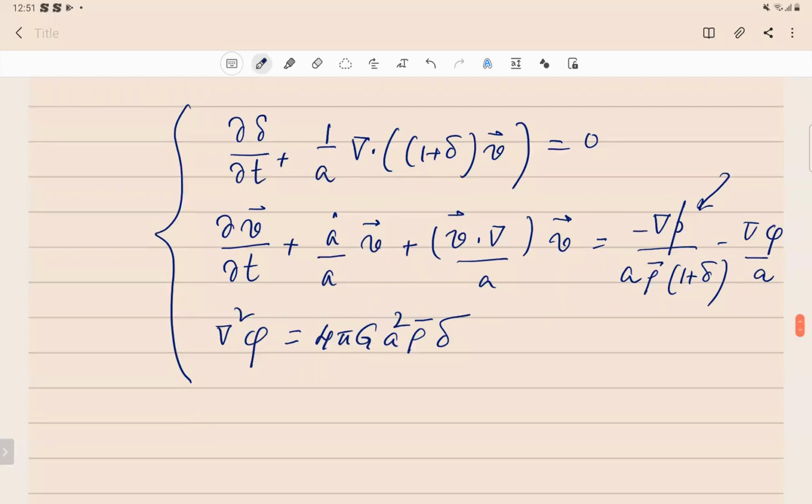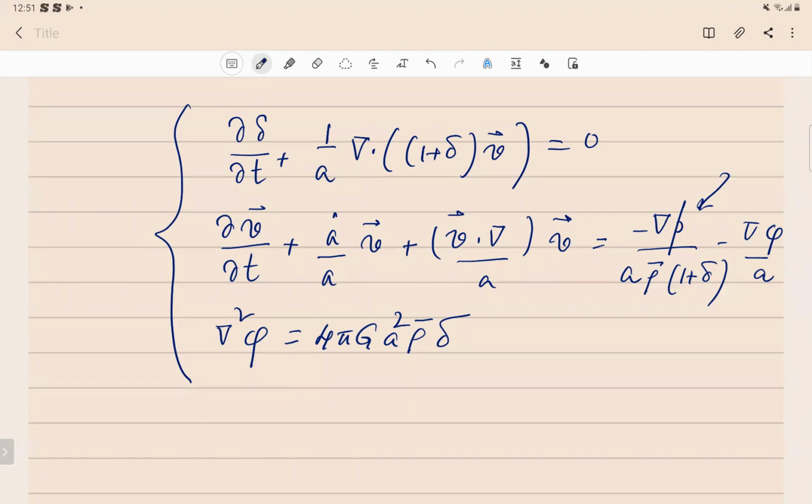When you study 21 centimeters, you have the dark ages, which extend in redshift all the way up to 200, where fluctuations are still linear, but they grow. In 21 centimeters, we shall also be interested in redshifts all the way down to redshift 0, so through reionization and then post-reionization, when these fluctuations will eventually become nonlinear.